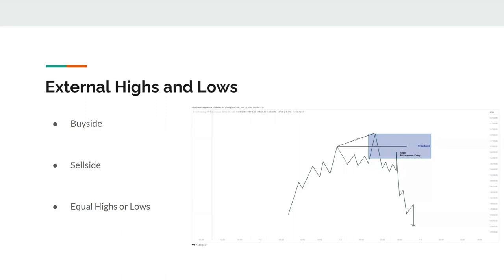Look for an external high, external low. And when that external high or low gets purged, the liquidity and stops above or below that external high or low gets purged and taken out. Retail traders are stopped out. What are you going to look for?